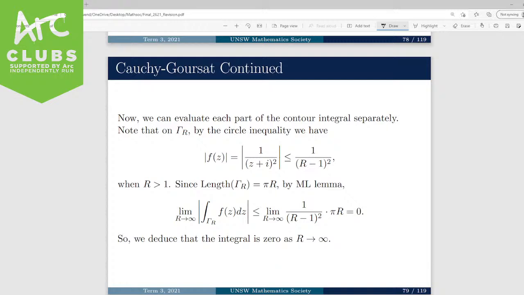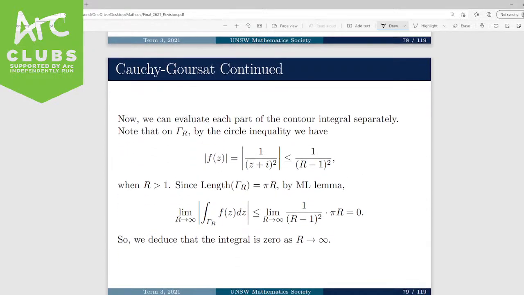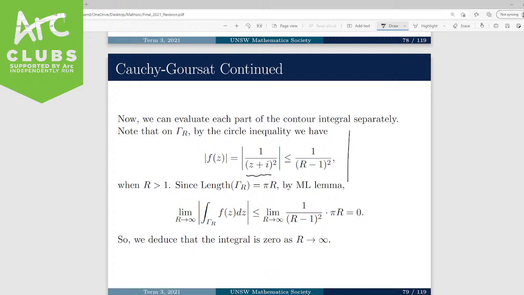The gamma r is a bit annoying, but, and you thought this lemma wouldn't come back, the ML lemma can actually take care of issues for you over here. So what you can do with it, your f function, remember from the question, that's just what the question told you, modulus of f is less than or equal to 1 over (capital R minus 1) all squared. And that is just via the beauty of the circle inequality.